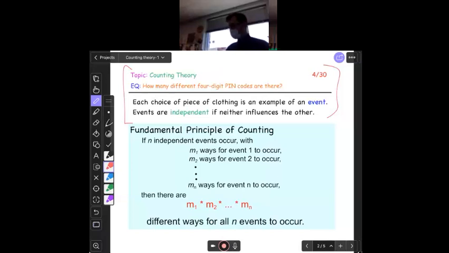So if that's what it means to be independent, what does it mean to be dependent? What are dependent events? What's an example you might be able to think of?